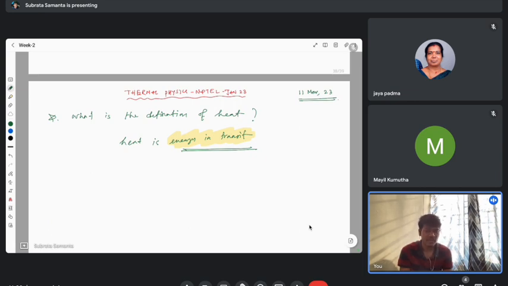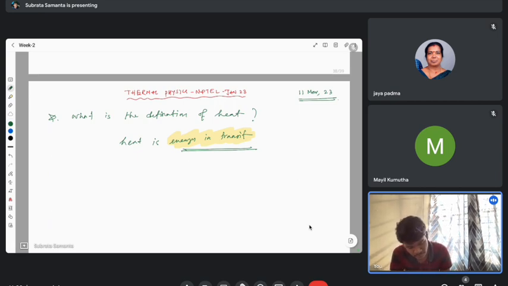There is no meaning in saying that an object contains a certain quantity of heat. You can do the same thing by doing some work.